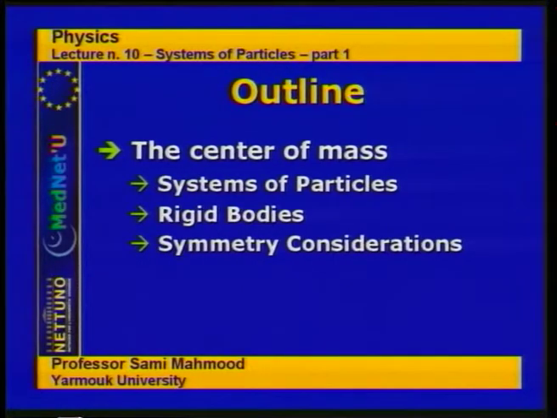And then we will talk about the symmetry considerations of the object, geometrical symmetries, and how they can be applied fruitfully to calculate and find the center of mass of a complicated looking system.